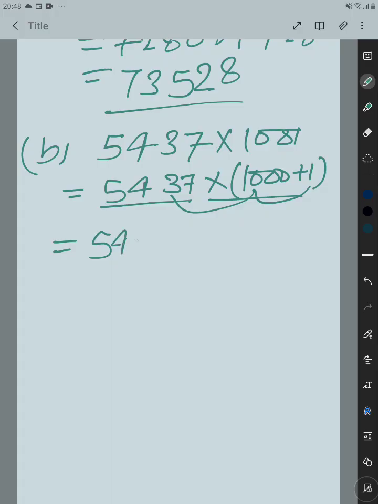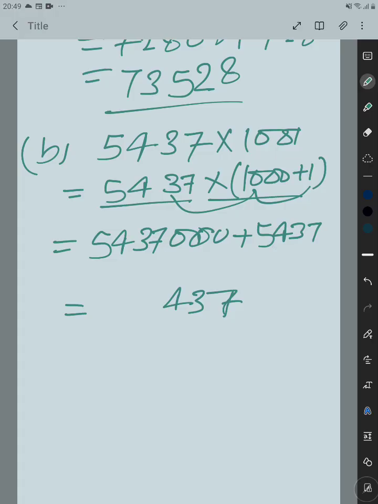So 5437 multiplied by 1000, we'll get this, and plus now we'll multiply by 1, and we'll get 5437. Okay, so now you sum it.